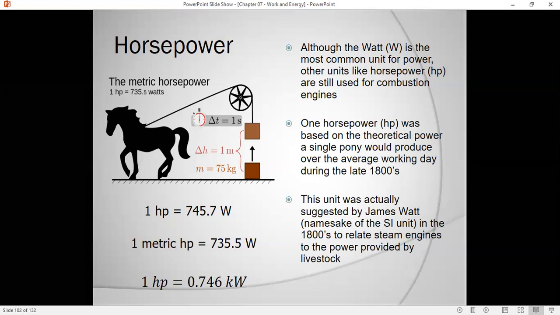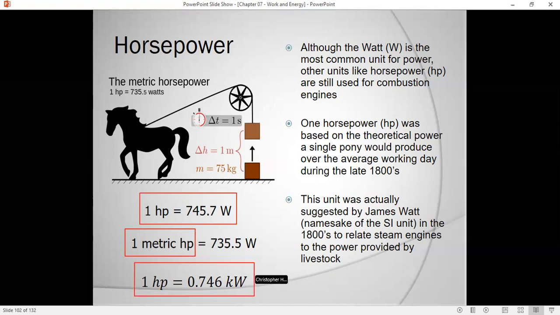Now, 1 horsepower is 745.7 watts. There's even, believe it or not, a metric horsepower, which is slightly smaller, but generally, when we do our conversion, we say 1 horsepower is 0.746 kilowatts, all right? So horsepower is about 3/4 of a kilowatt. They're not far off. They're pretty close.